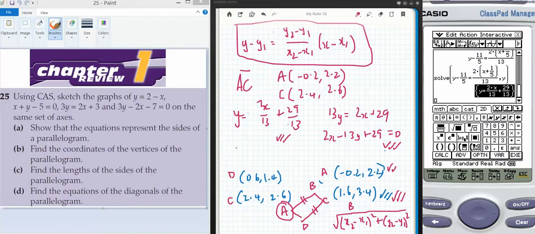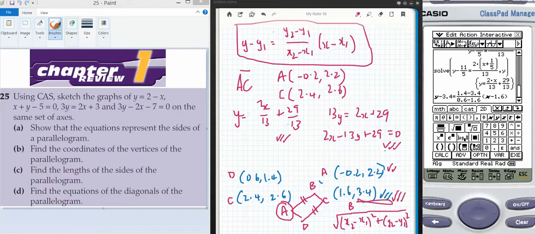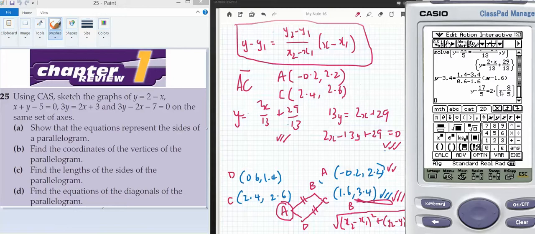And to do the other, which is BD, B to D, here it would be y minus 3.4, since that's the y coordinate of B, equals 1.4, the D coordinate, minus 3.4, over 0.6 minus 1.6, all in brackets, and then press execute. That gives me that expression.